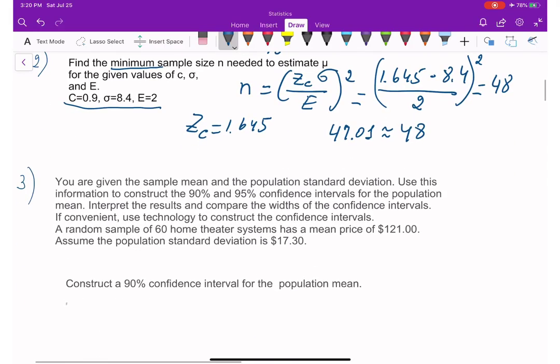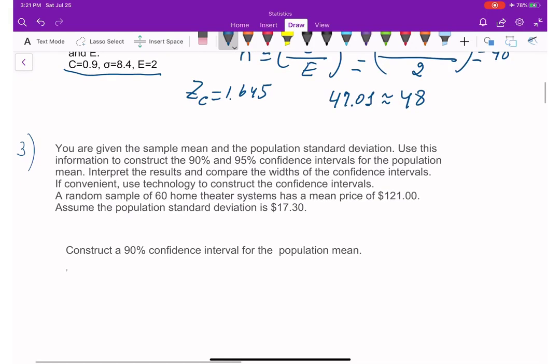You are given the sample mean and the population standard deviation. Use the information to construct 90% and 95% confidence intervals for the population mean. Okay, I will do it for 90%, and I believe you can continue and do the same thing for 95%, okay? So I'll do 90%, and compare the widths of the confidence intervals. If convenient, use technology to construct the confidence interval.